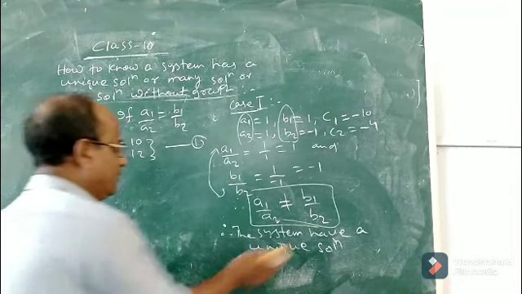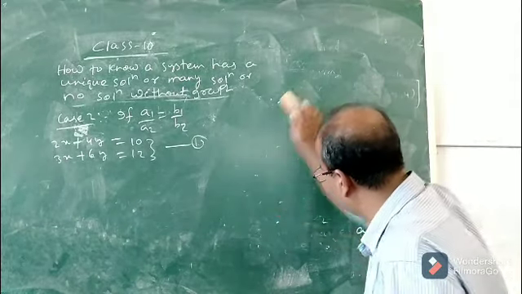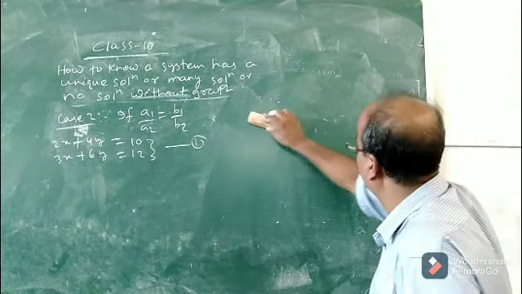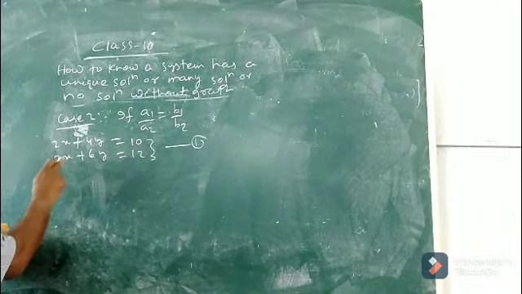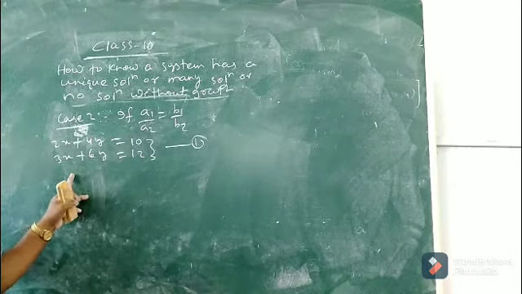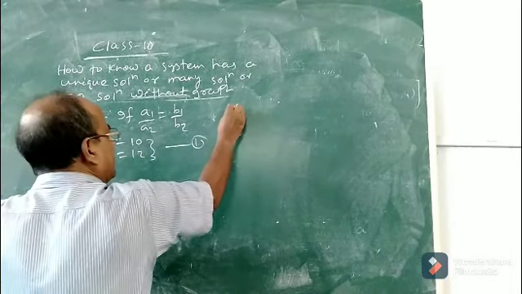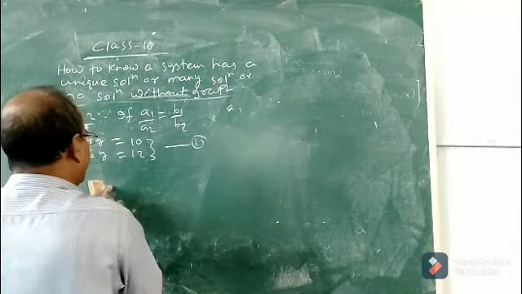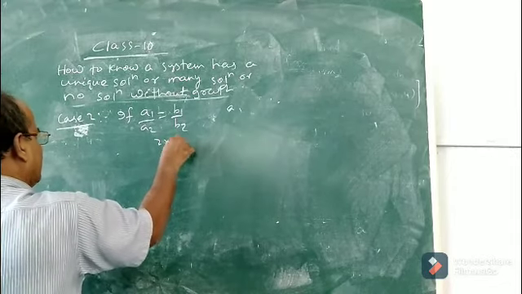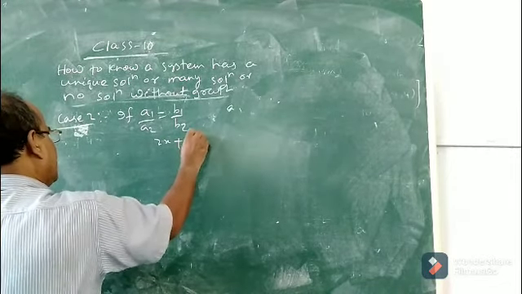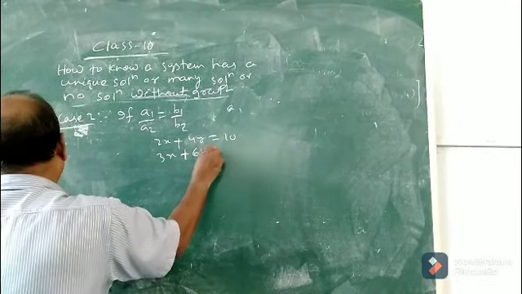In this case, you find the value of A1 by A2. I am writing once again: 2x plus 4y equal to 10 and 3x plus 6y equal to 12.